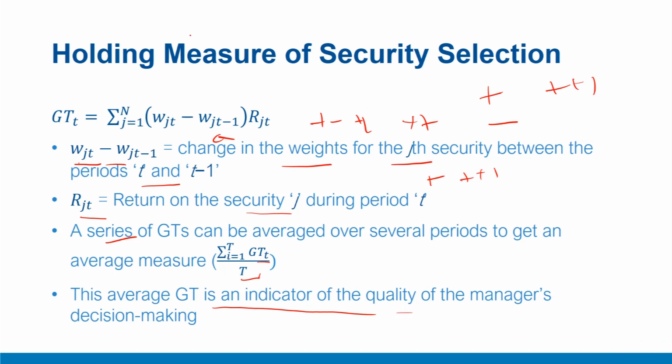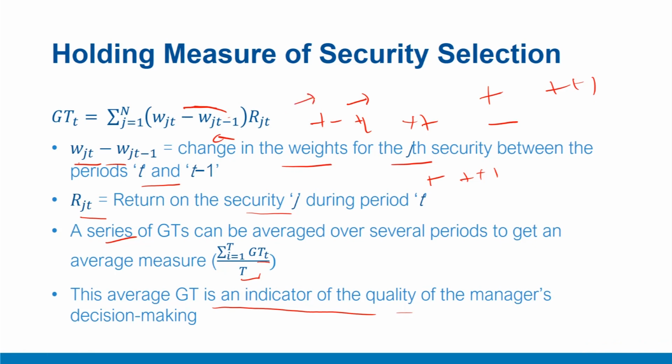That means if he can successfully anticipate whether a security is undervalued or overvalued, he'll buy undervalued securities and increase their weight from T minus 1 to T, and if it is overvalued, he'll sell these securities by decreasing their weight from T minus 1 to T.